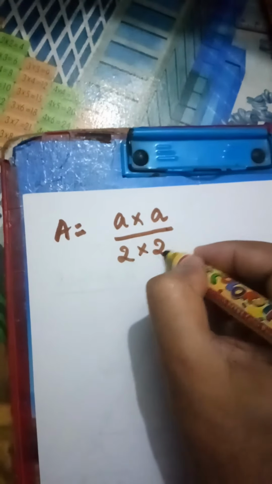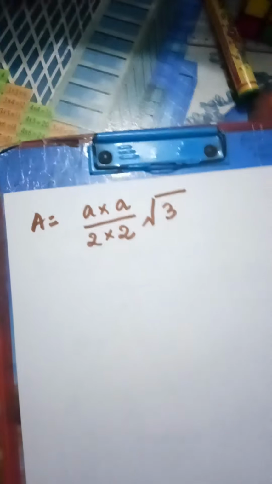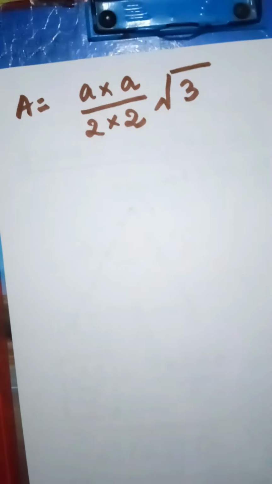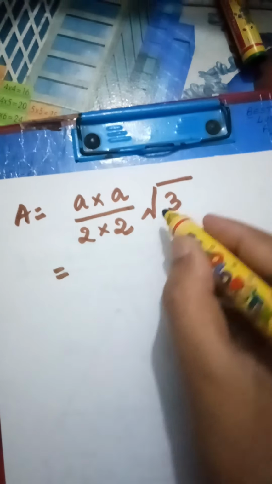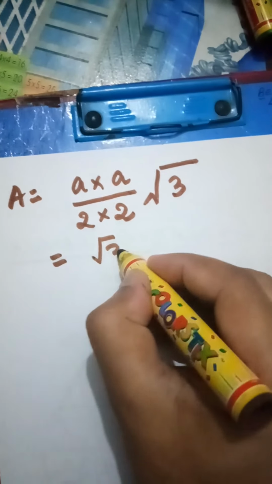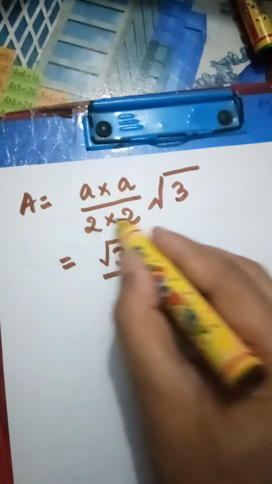So what have we obtained? The area of the triangle is equal to: 1A comes out, another 1A comes out, one 2 comes out, another 2 comes out, and only 3 is left in the root, because this was the only number which was not in a pair. Now, writing the number first, this is root 3 A square upon 2 to the 4.